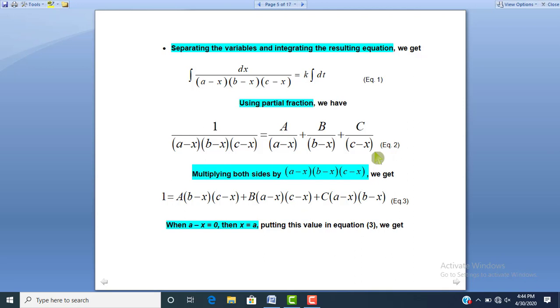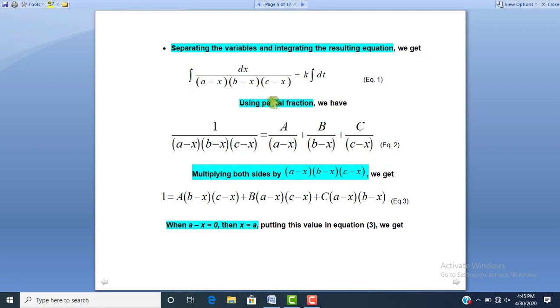Dear students, now we will multiply both sides of equation number 2 with (a minus x)(b minus x)(c minus x). When we multiply both sides by this term, the denominator will be cancelled out, and similarly a minus x will be cut with this a minus x, b minus x with this b minus x, c minus x with this c minus x.